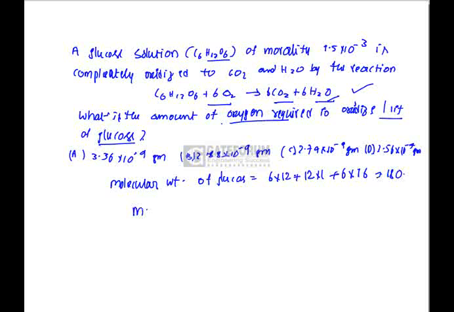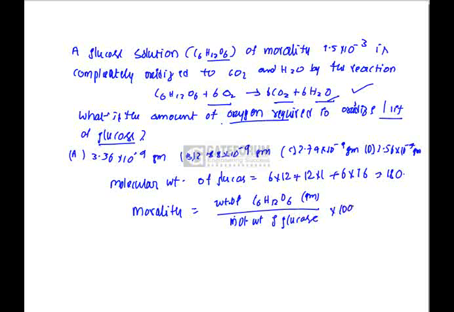So the molarity is given as weight of C6H12O6 in grams divided by molecular weight of glucose into 1000, that is equal to 1.5 into 10 to the power of minus 3, which is W1 by 180 into 1000. That implies W1 is equal to 2.7 into 10 to the power of minus 4 grams.